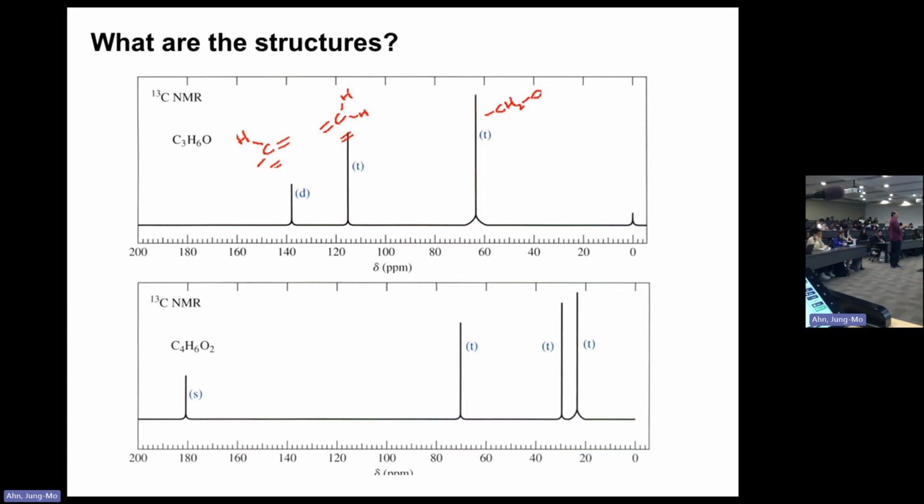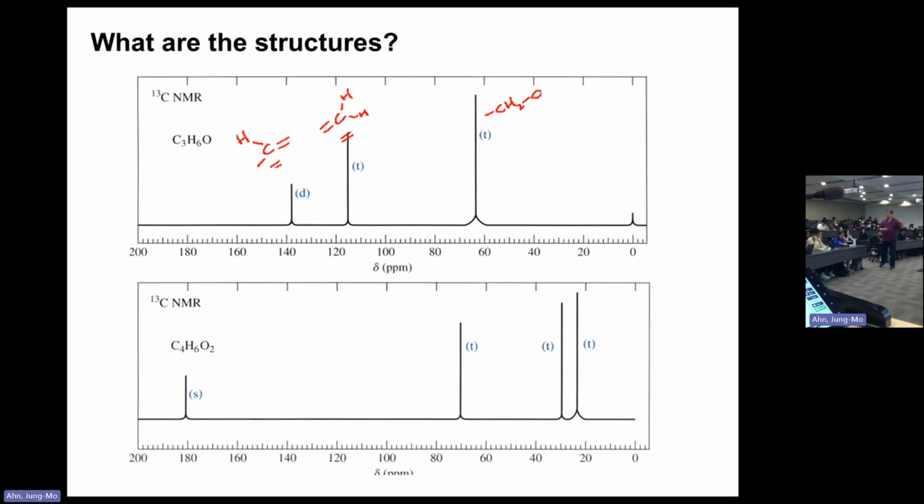There's a doublet at 140, so this should be a double bond with 1 hydrogen. And there's a triplet at 115, so that should be another double bond with 2 hydrogens. And then this one's a CH2 because we got a triplet there. And the chemical shift over 60, I'm expecting it has the oxygen there.